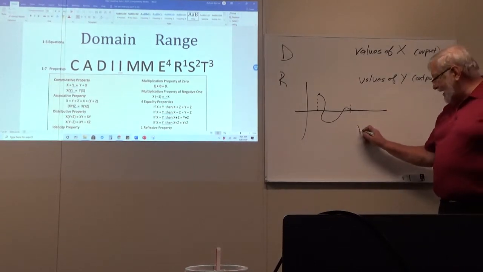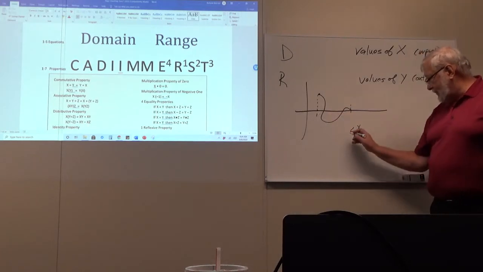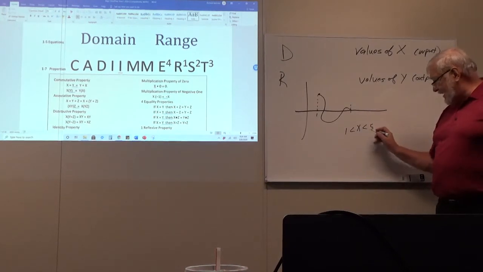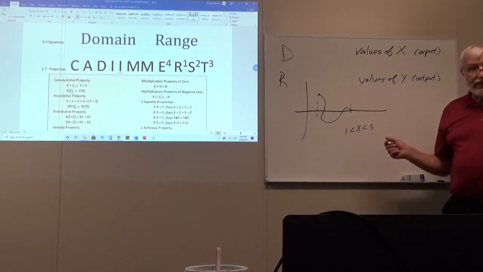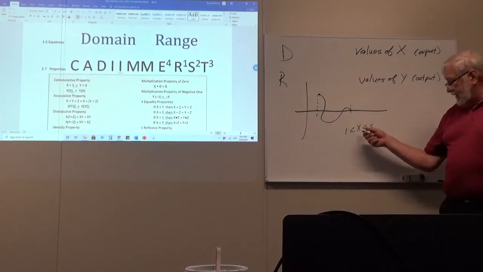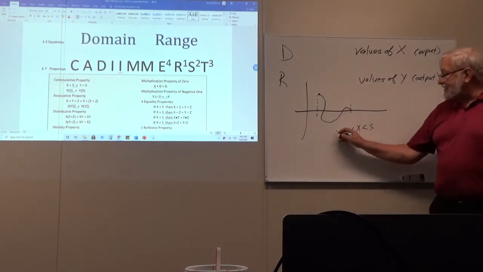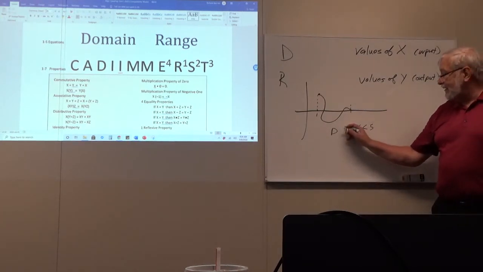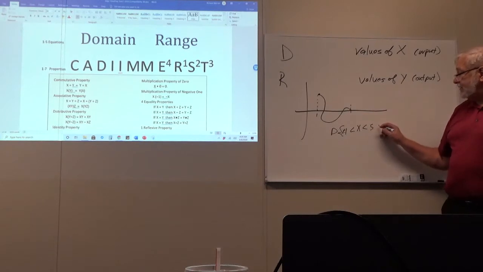And so x will be greater than this value, and let's say that it's 1, and it will be less than this value, let's say that that's 5. All right, now you see how these things are beginning to relate? Okay, so the x for this particular graph is in between 1 and 5. Now, so that's the domain. It is the set of x's such that x is greater than 1 and less than 5.